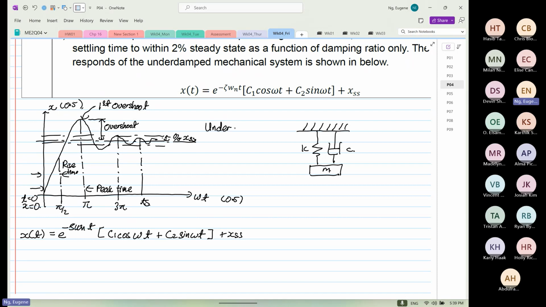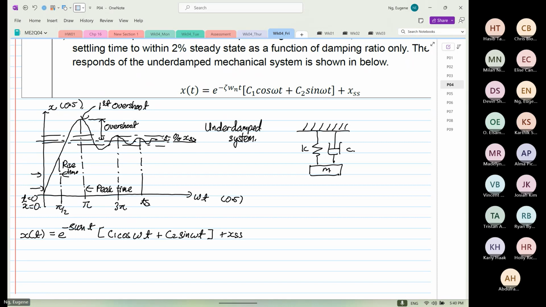And this is only possible for an underdamped system, where you want a very refined x-axis up to 2%.